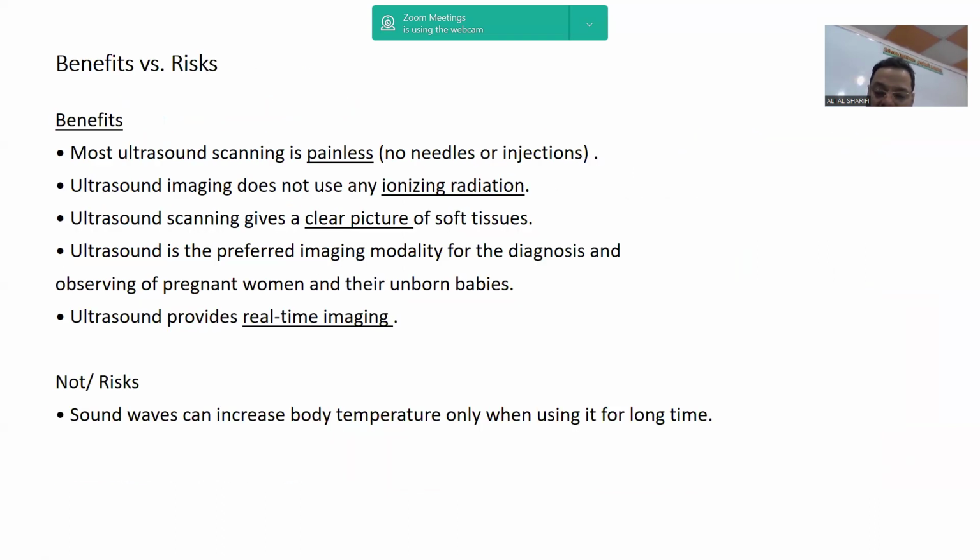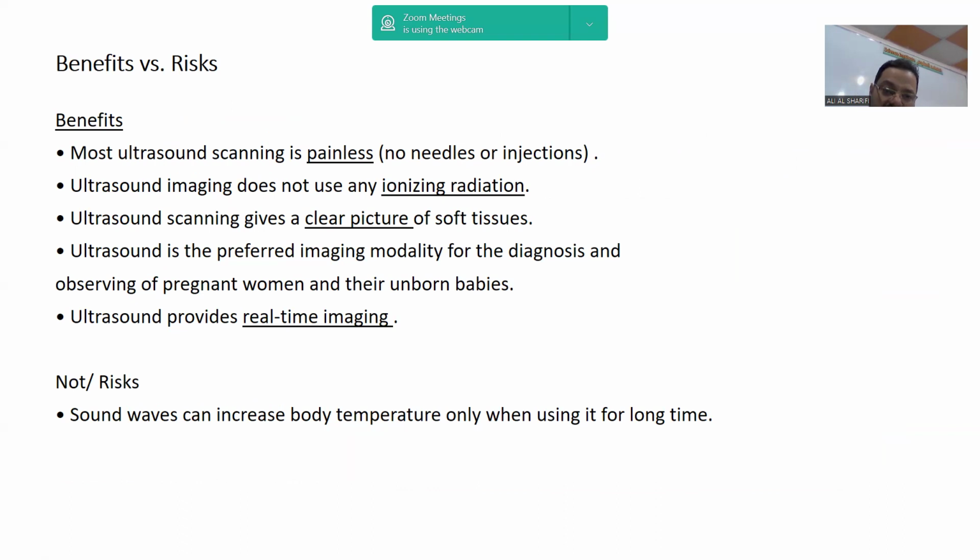At the last slide, let's talk about the benefits and risks of the Doppler effect in medicine, or the Doppler scanning device. The benefits are huge, more than one. Let's talk about the most common benefits.